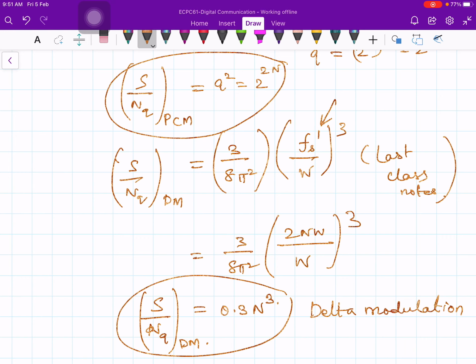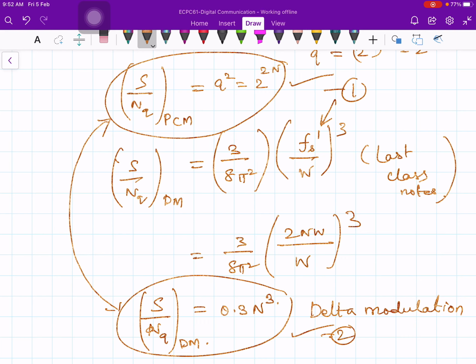Therefore, for a fixed bandwidth, what can you say about the relative performance of PCM and the simple delta modulator? Which is superior? Can we say pulse code modulation is superior or delta modulation is superior? Now I can compare both, because both use the same bandwidth. By looking at expressions 1 and 2, we can say that PCM is obviously superior for almost any value of n.